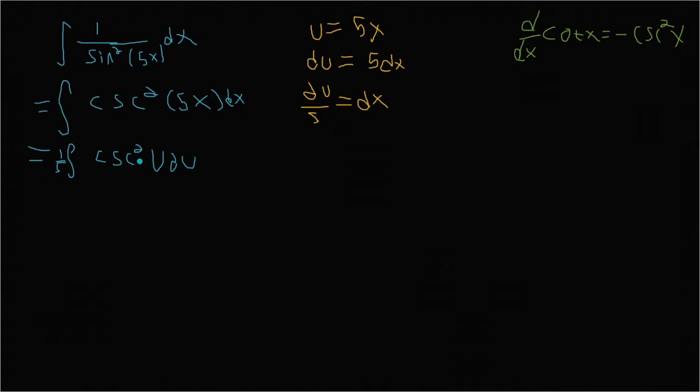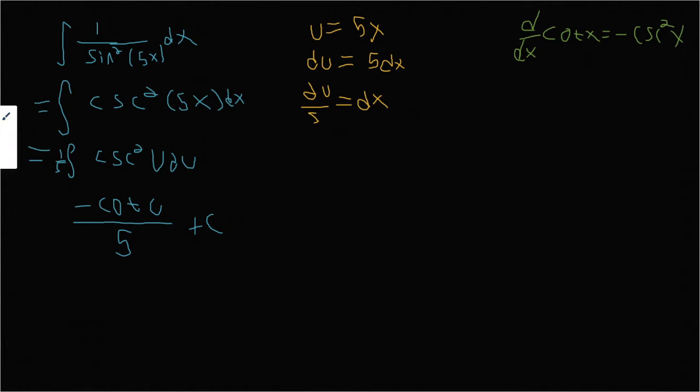The integral of cosecant squared is going to be cotangent, but negative, because the derivative of cotangent is negative cosecant squared. So this is going to be negative cotangent u, and we can't forget over 5, and the plus c.